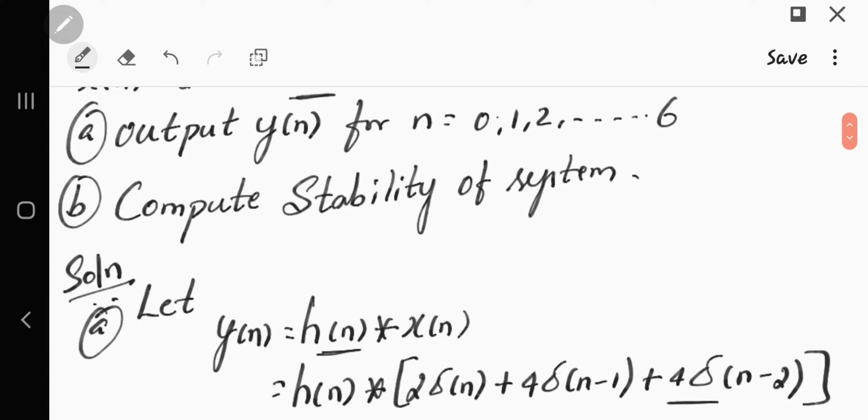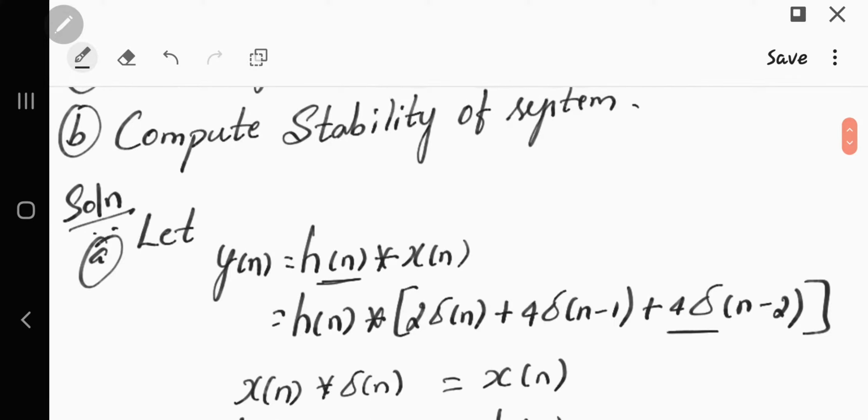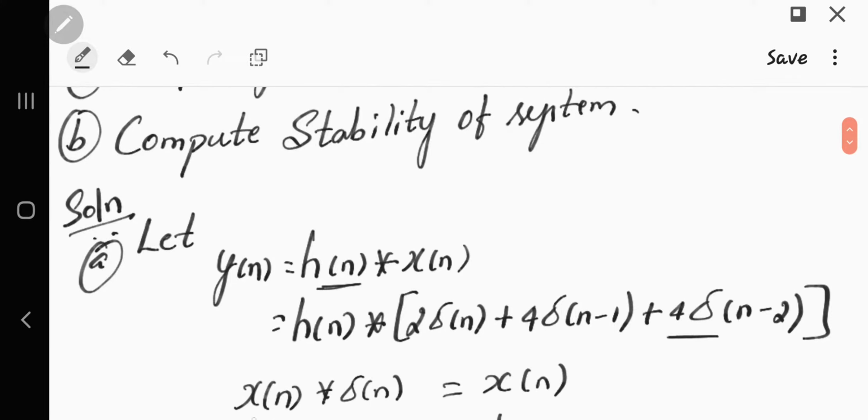Now we have a property of the impulse function: if you convolve any signal with delta n, you will get the same signal at n equal to 0, whatever the index the delta is representing. If it is at the origin, you will get x of 0; if it is at 1, you will get x of 1, like that.